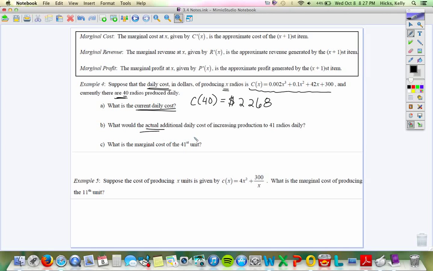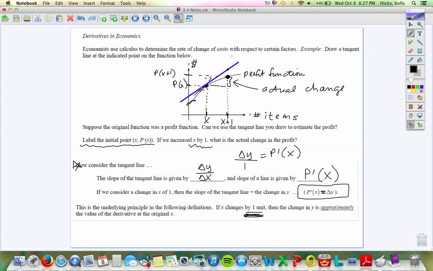Now the next question: what would be the actual additional daily cost of increasing production to 41 radios daily? How would we do that? Actual cost means we need to not estimate.